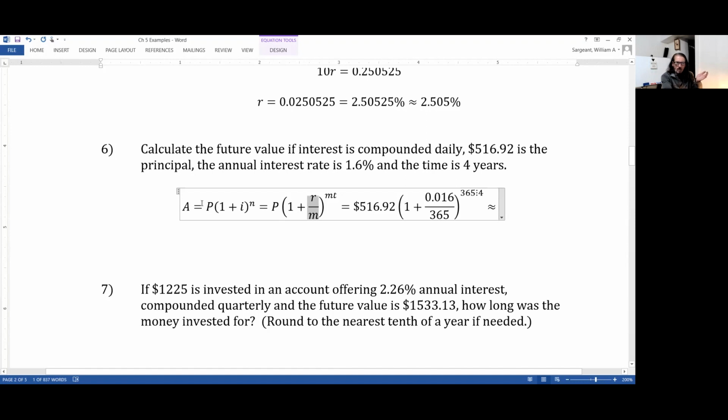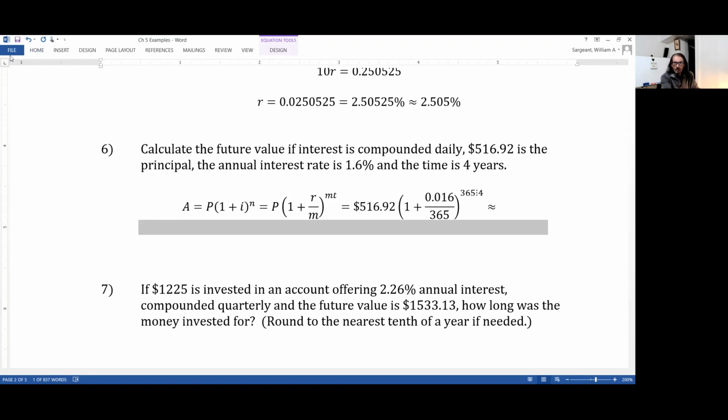So whether I remember this formula, and that i equals r over m, and that n equals m times t, I just put everything in there all at once and follow the order of operations. One formula to remember instead of three.